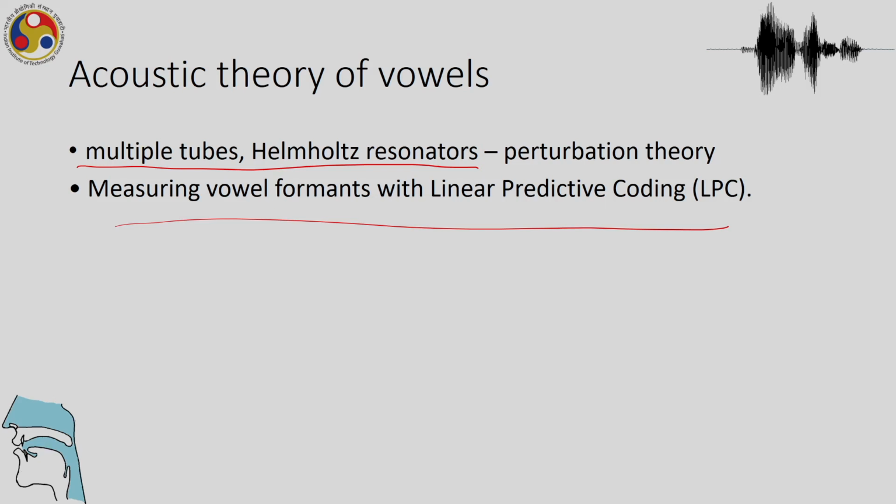So the thing to remember is that the tube models that we'll talk about now predict the kind of formants that you will find in different vowels, and measuring vowel formants with linear predictive coding is actually how formants are measured.